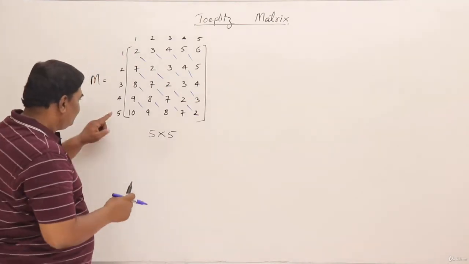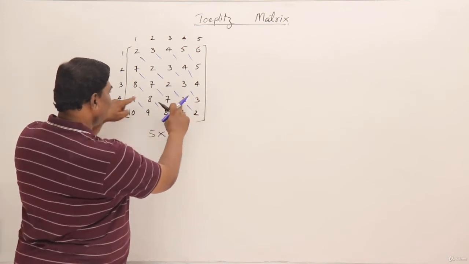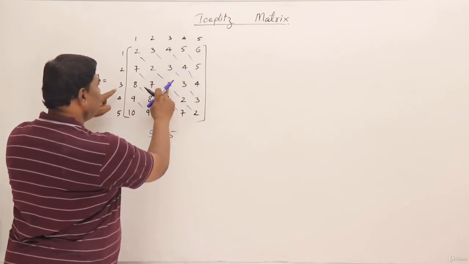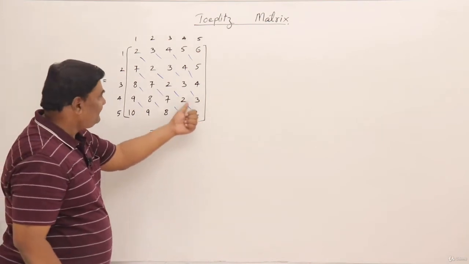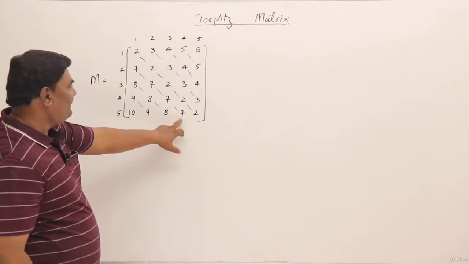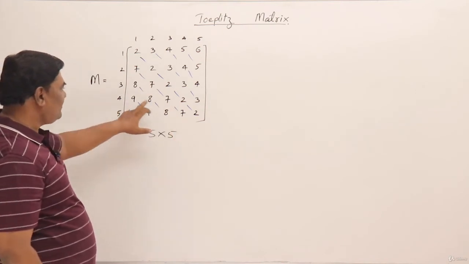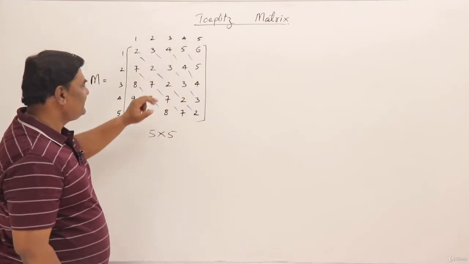So it means 5 comma 5 element is same as 4 comma 4, that is same as 3 comma 3. So from bottom I have started. Then if I take this element 5 comma 4, that is same as 4 comma 3. See, 5 minus 1 and 4 minus 1, 3.